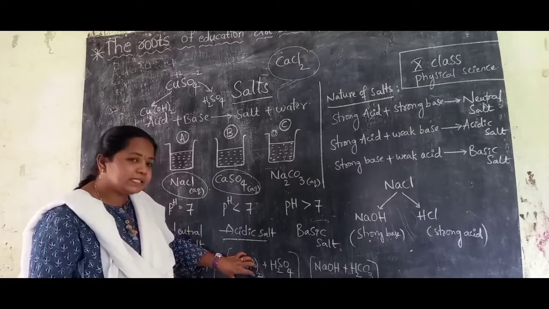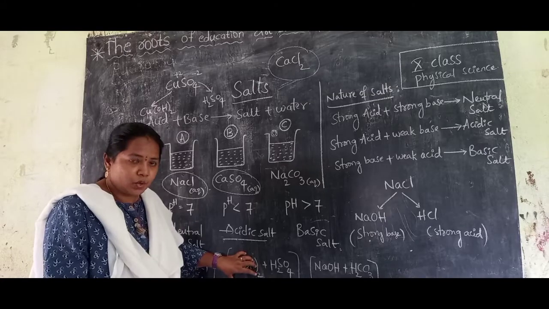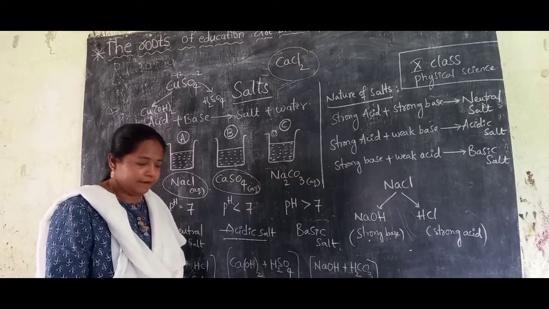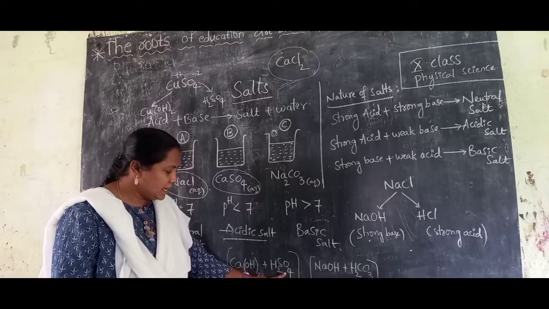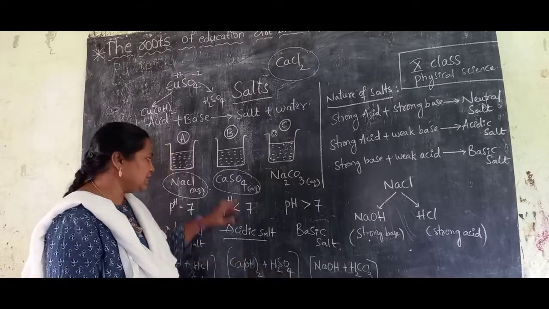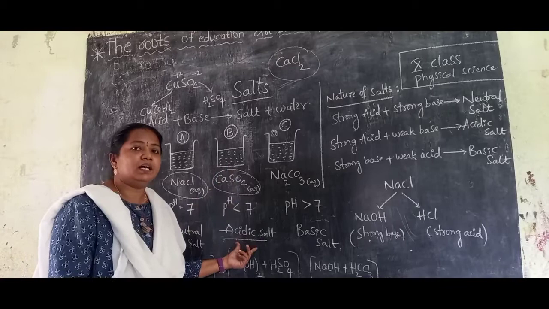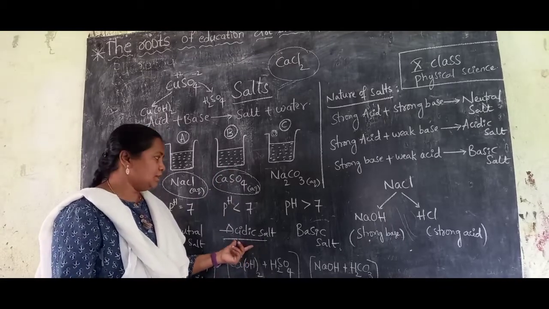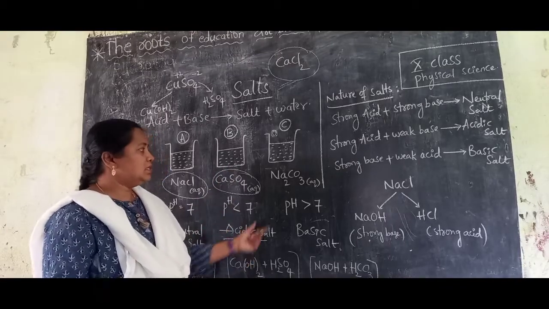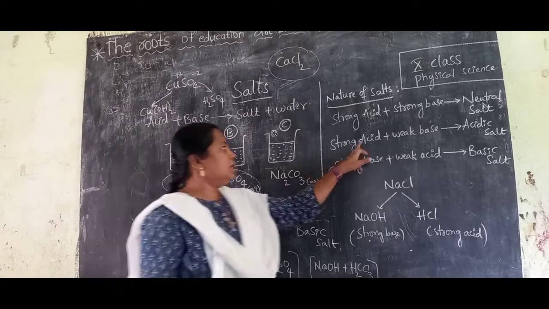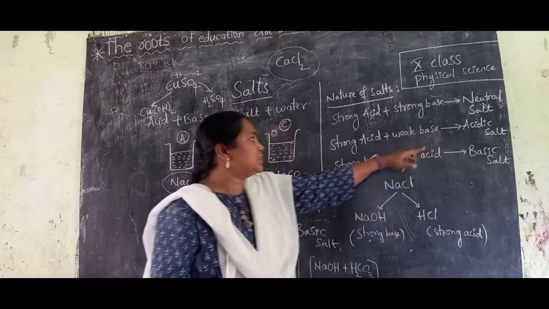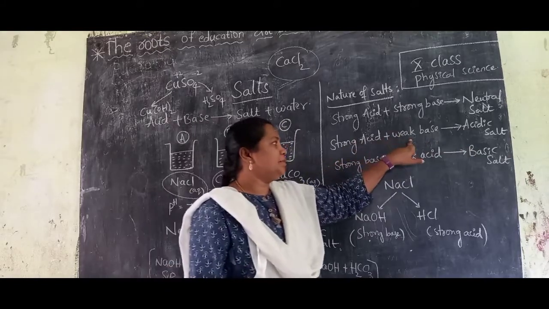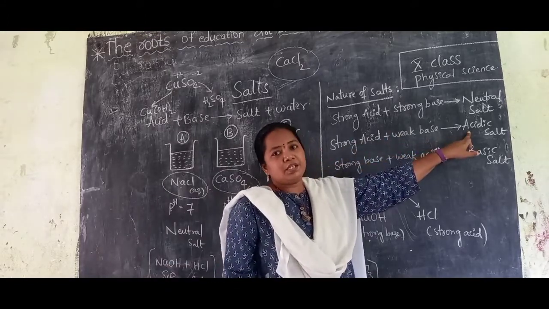The base does not play an important role here as it is a weaker one. But here the acid is a strong acid. Therefore the resulting salt will have the acidic nature. This salt is said to be an acidic salt. Similarly, a strong acid plus a weak base gives rise to an acidic salt. That means the salt formed from a strong acid and a weak base will have the acidic nature.